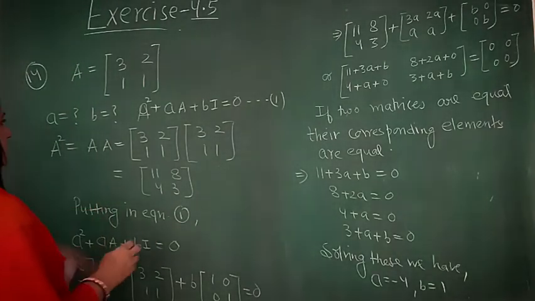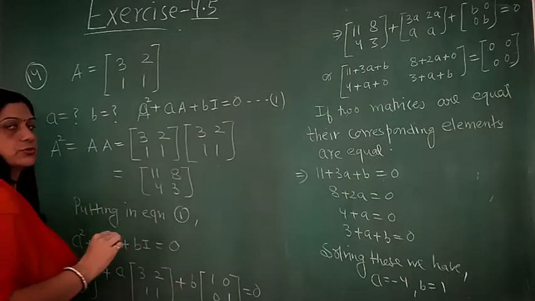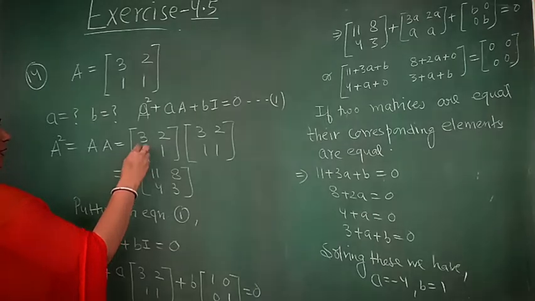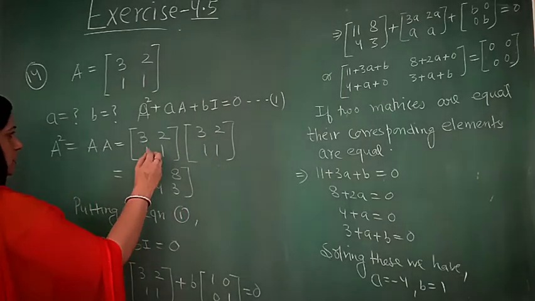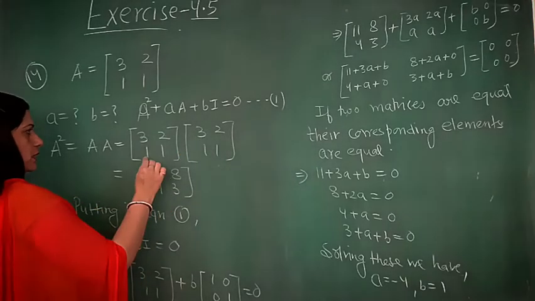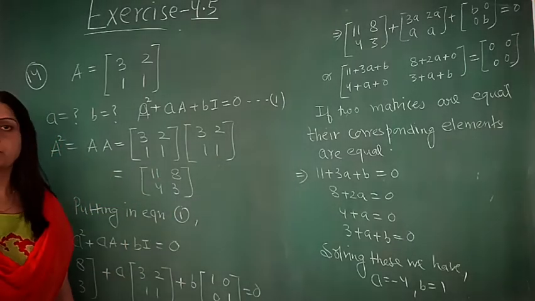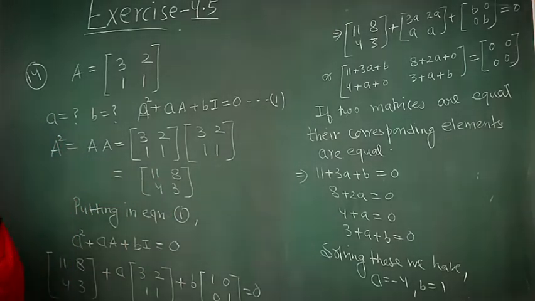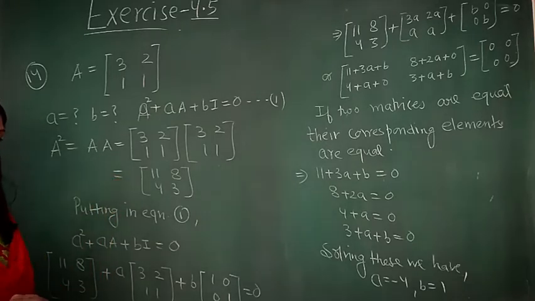That is equal to 3 into 3, 9 plus 2, 11, then 3 into 2, 6 plus 2, 8, then 1 into 3 plus 1 into 1, 4, 1 into 2, 2 plus 1 into 1, this 2 plus 1, that is equal to 3. So we have calculated the value of A square.